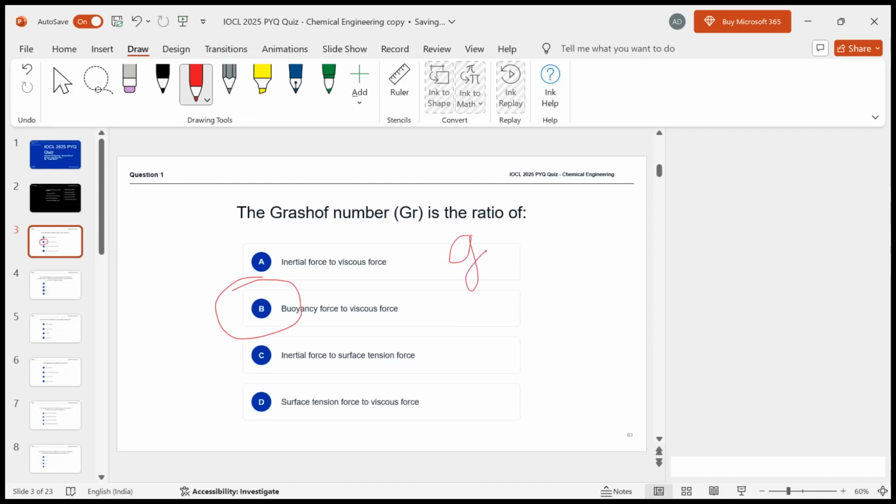The Grashof number formula is g beta delta T L cube upon nu square. Here g is acceleration due to gravity, beta is thermal expansion coefficient, delta T is the temperature difference, L is characteristic length and nu is kinematic viscosity. Kinematic viscosity is the ratio of dynamic viscosity and density. So the correct answer is buoyant force to viscous force.